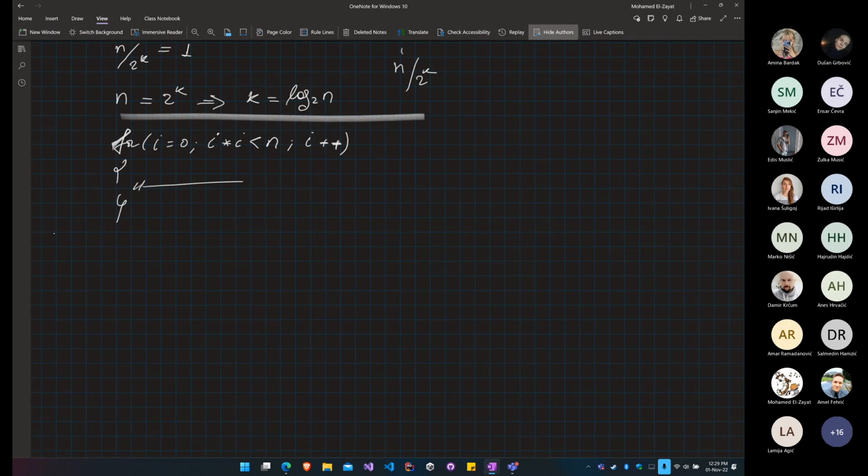This is actually even simpler than the one above it, if you think about it. Can somebody give me a guess? What would be the complexity of this for loop?